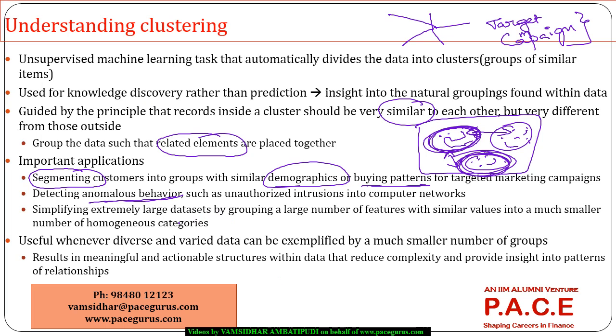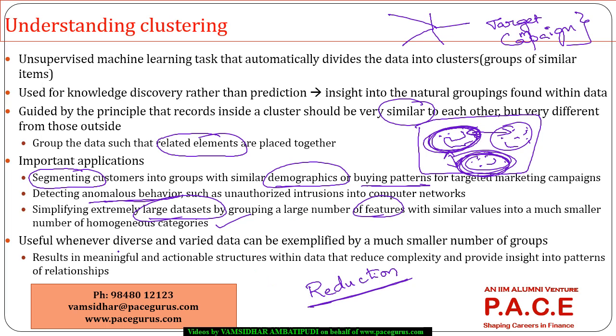And if I have a large data set with a huge number of values, we can group all those features and reduce the number of categories for this particular data. So for dimension reduction, data reduction, I can use cluster analysis also.